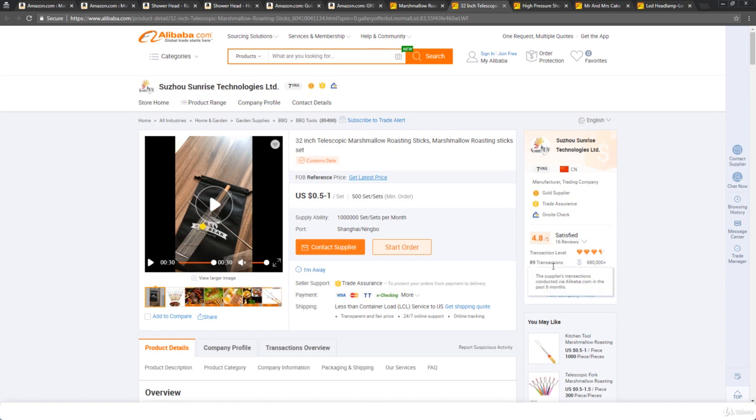We can see that they have done 89 transactions on Alibaba in the last 6 months, equaling $680,000 in sales. So they're doing a lot of volume here on Alibaba. This here gives you the response time and response rate to messages that this supplier receives from buyers or potential buyers.